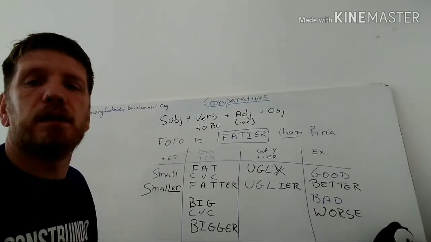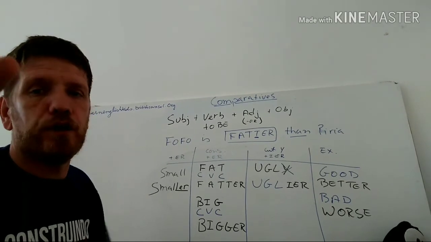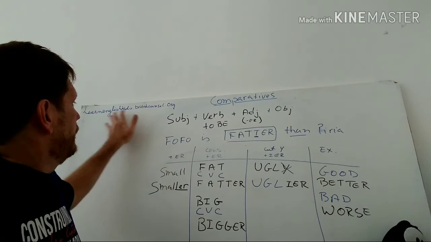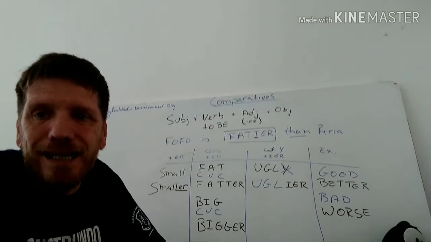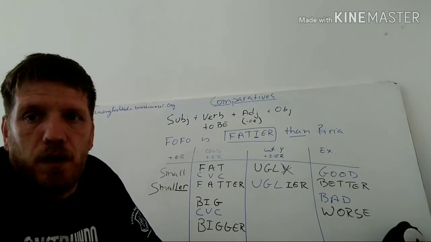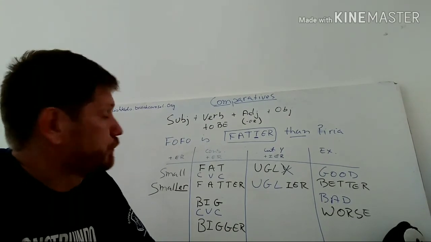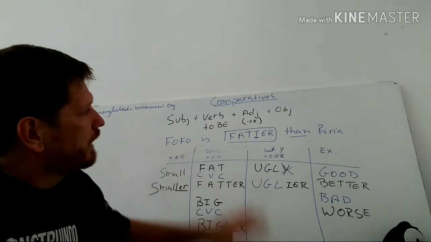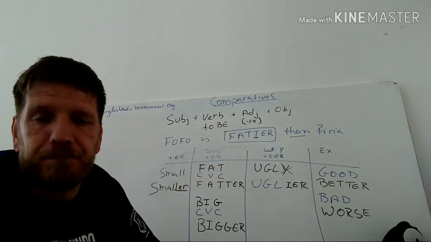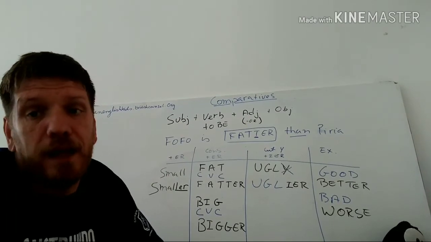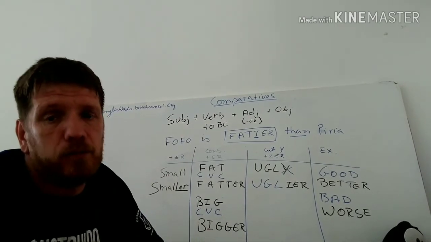Okay, you can go onto the computer, go onto the internet, and you can see learnenglishkids.britishcouncil.org, and you can type in the word comparative, and it's going to give you more details and more lessons and some exercises about this.